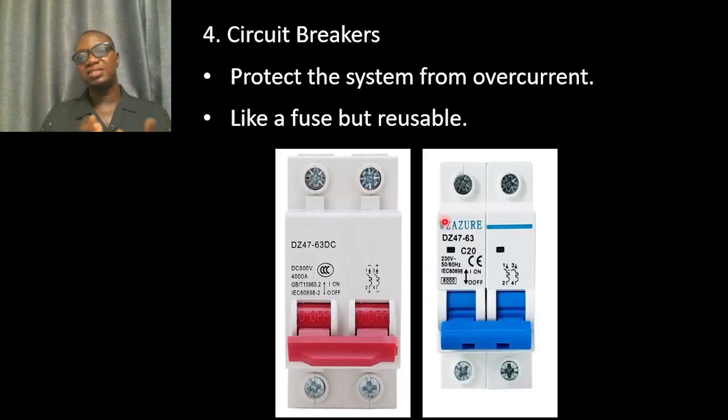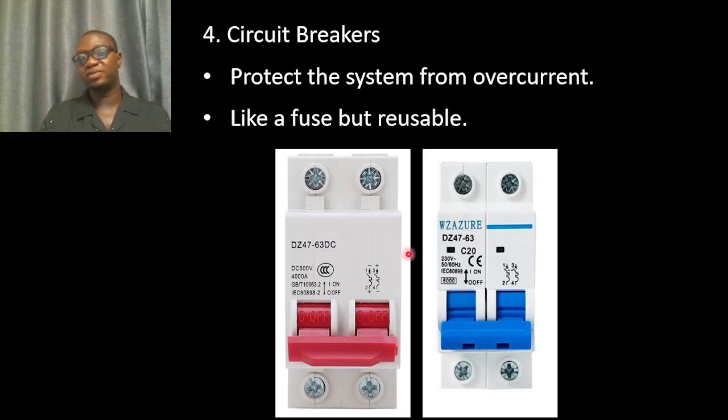Another thing we look at is the circuit breakers. These are the security guards of the system. They protect the system from overcurrent, like a fuse, but they are reusable. When they trigger, you restart them and use them again. They are there to safeguard the system, especially the AC.